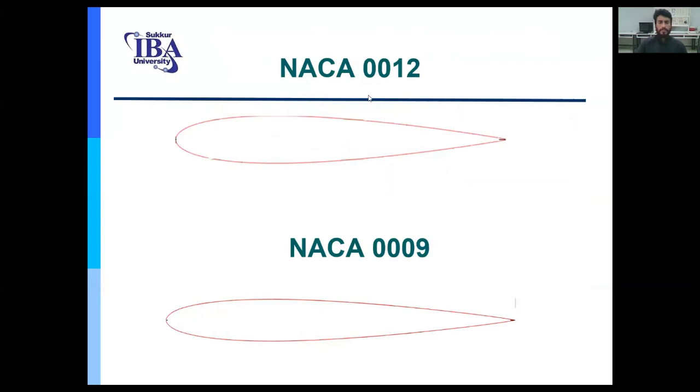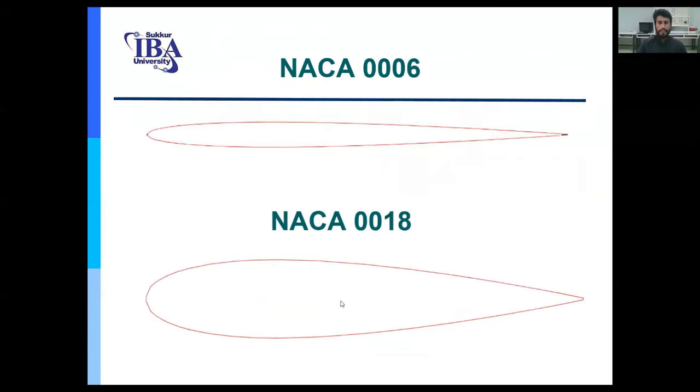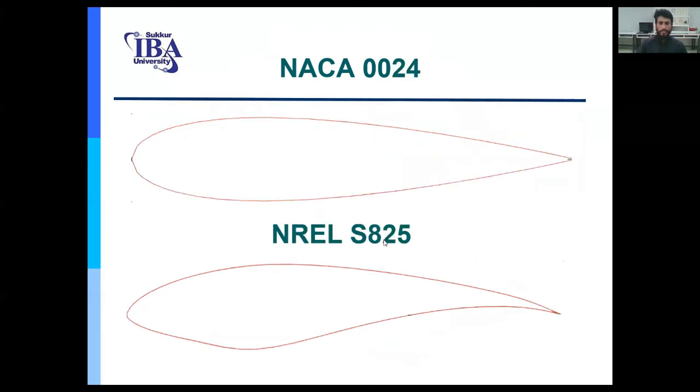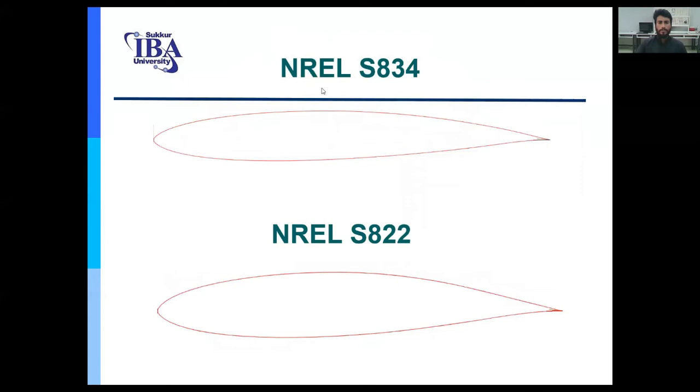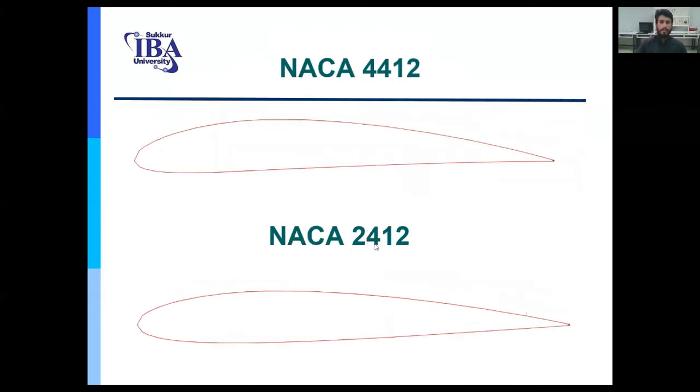These are the geometries for the different airfoils. This is the geometry for NACA 0012, and this is the geometry for NACA 0009. And this is the geometry for NACA 0006, this is for NACA 0018, and this is for NACA 0024, this is for NREL S825, this is for NREL S834, and this is for NREL S822.